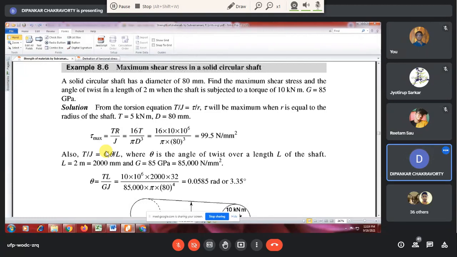Yes, sir, 10 to the power 9. So you have to be very cautious regarding choice of unit of force and unit of displacement. In this particular problem, they have chosen force in Newton and length in millimeter. So you have to convert this gigapascal to Newton per millimeter square. You should be careful enough.